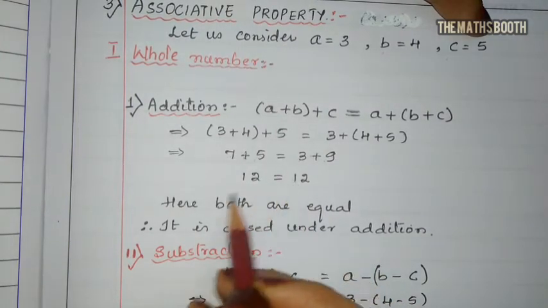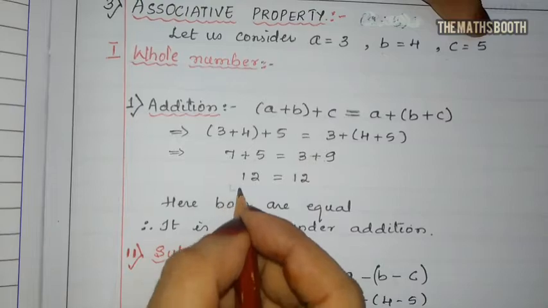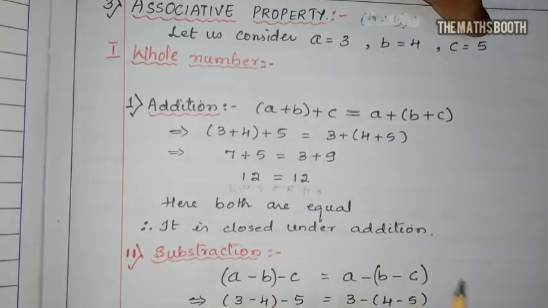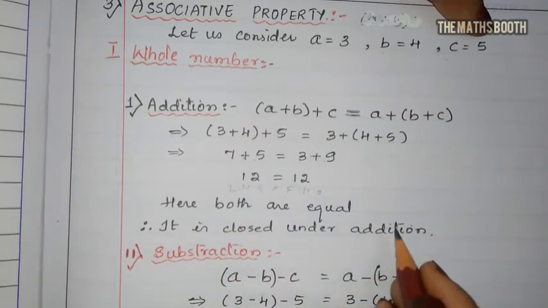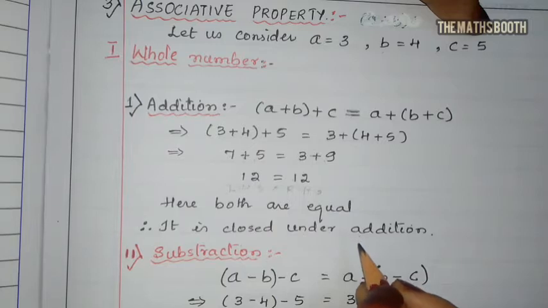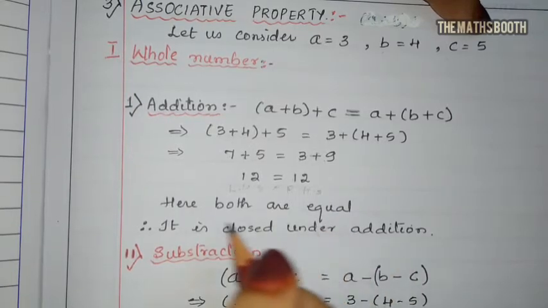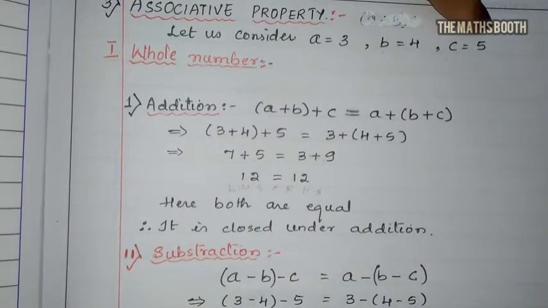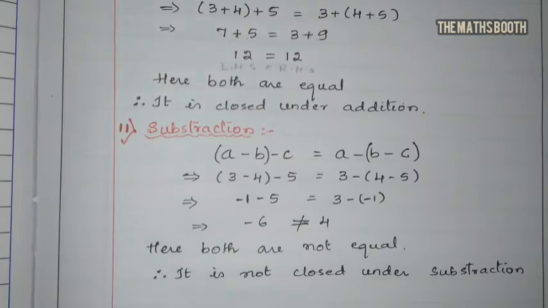We got the same answer, both are equal, LHS is equal to RHS. Therefore, it is closed under addition. Or also we can say addition is associative.